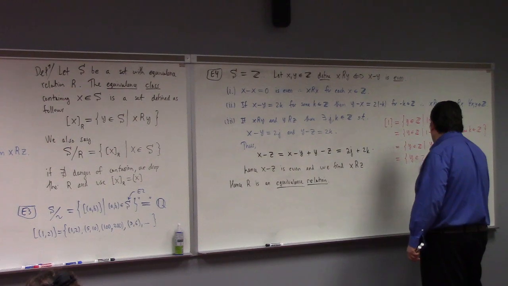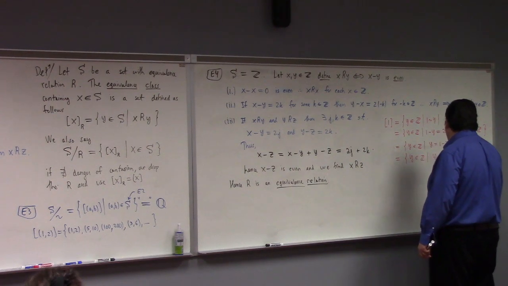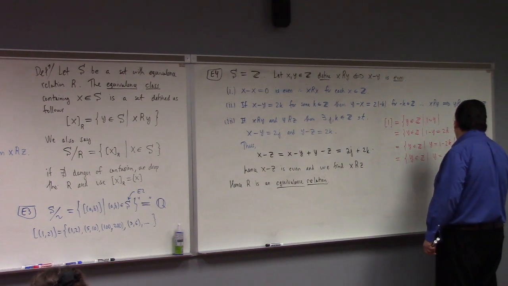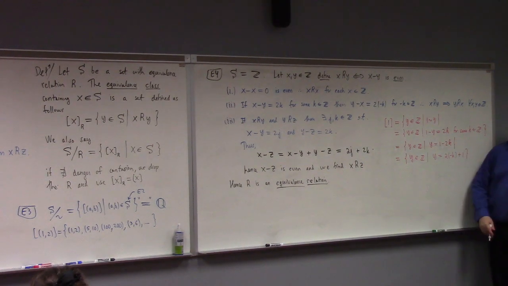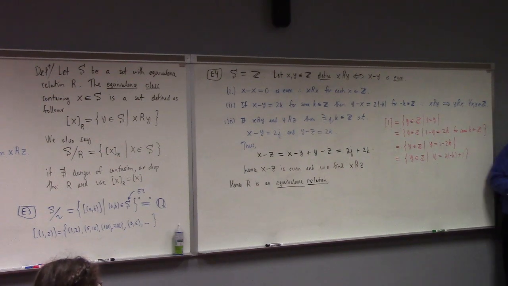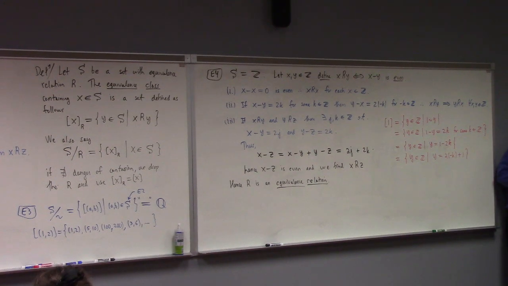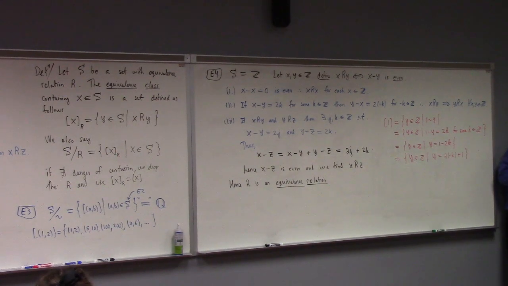This is y in the integers such that y is equal to 2 times minus k plus 1, right? What are we talking about? What is that set? Yeah, these are just odd numbers. So the equivalence class containing 1 is the set of odd integers.